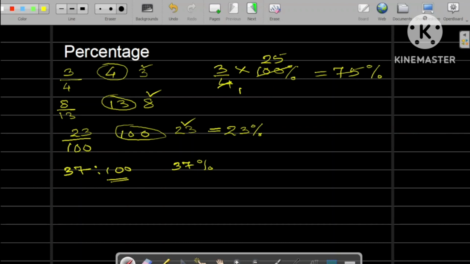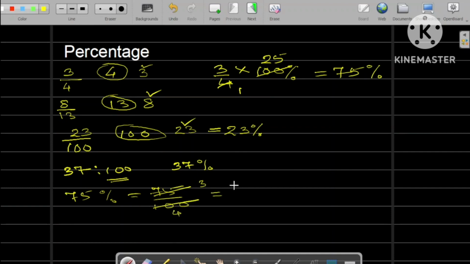Now the question: can this percentage be denoted as a fraction? Yes, it can be denoted as a fraction. Let us take this example, 75%. It can be denoted as 75 by 100. Now we can cancel it out. 25 3s are 75 and 25 4s are 100.